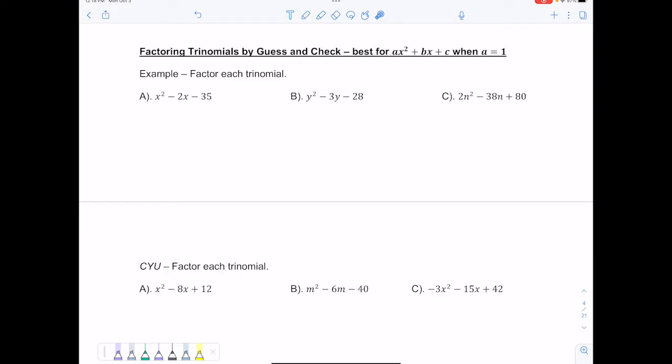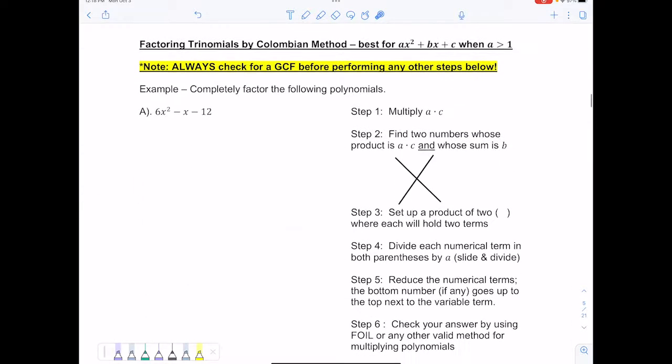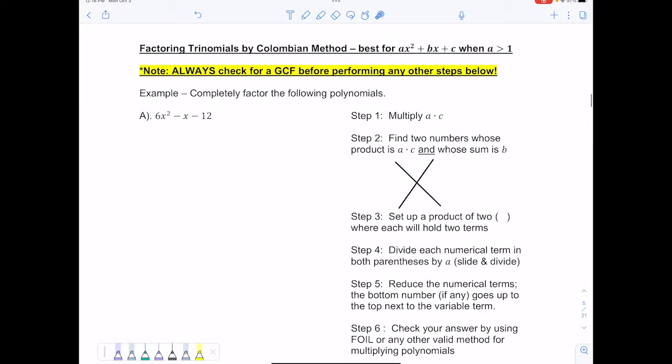And we're going to look at when the trinomial first has a coefficient for x squared of 1. So it's always going to be like a 1x squared or a 1y squared. Here you notice there's not a 1, but there's a reason for that. And then we're going to look at factoring trinomials when a is not 1. So when it's something other than 1.